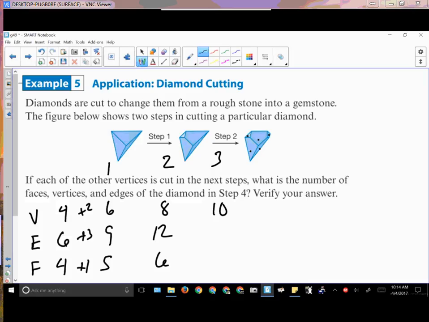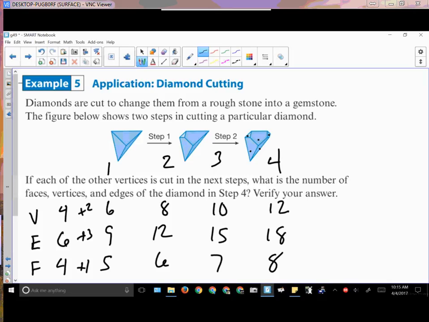Well, that should be 10, right? Okay. So if I cut the next one down, I get 10, and then I should have 15, right? And there should be 7 faces. So when I do that fourth cut, that means this is going to be 12, 18, and 8.